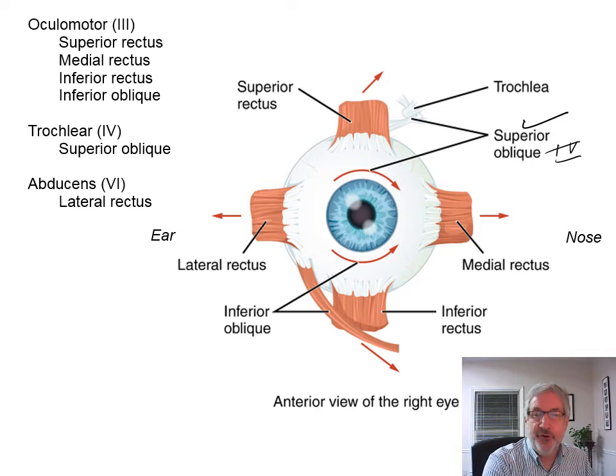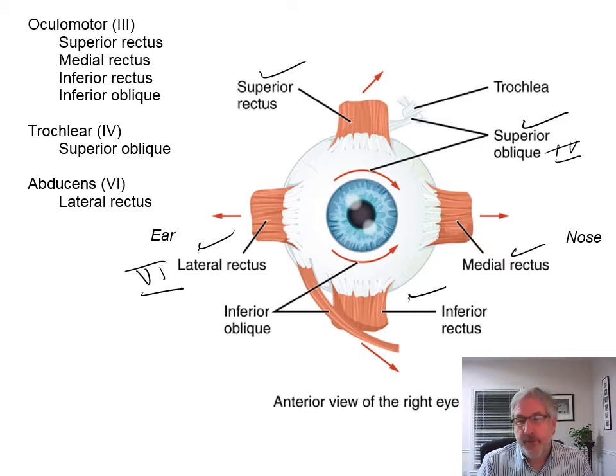And the abducens nerve does the lateral rectus, that's cranial nerve number 6 over here. Rectus means flat muscle. So we have the lateral rectus and the medial rectus, and the superior rectus and the inferior rectus. So you have one on top, one on bottom, and one on either side, right?